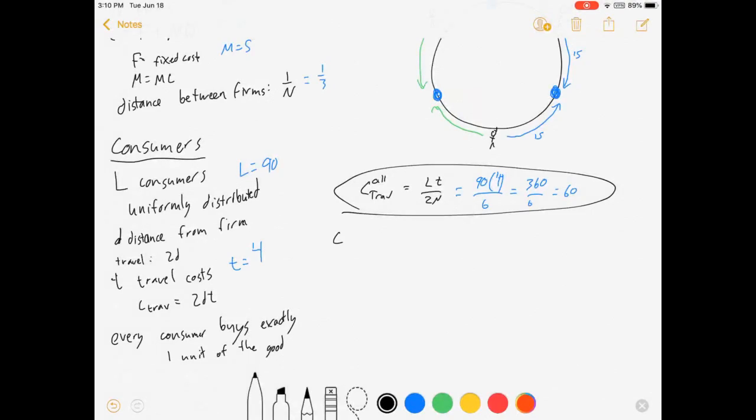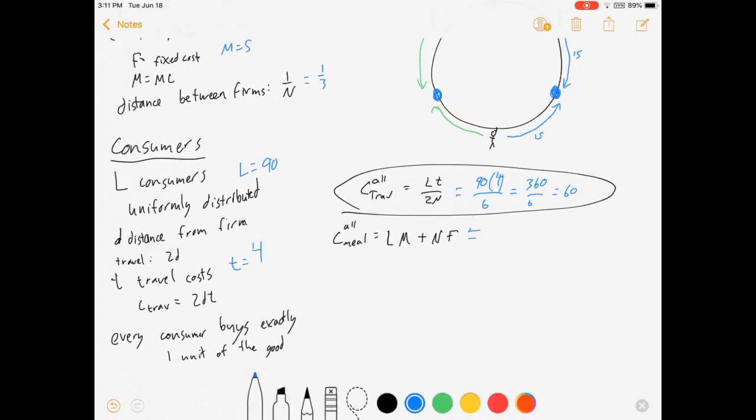The cost of providing a meal for all firms is going to be L times our marginal cost, because each firm buys one, so Q is L, plus N, the number of firms, times the fixed cost.